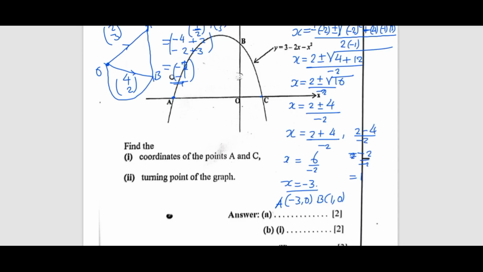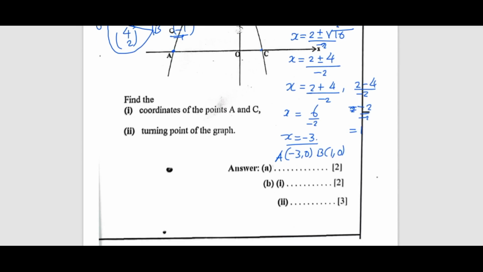Then the turning point, so we want to find the turning point of the graph. So the equation, we know it's negative x squared minus 2x plus 3 is equal to 0. A, B, C. So the x coordinate of the turning point is negative b over 2a.